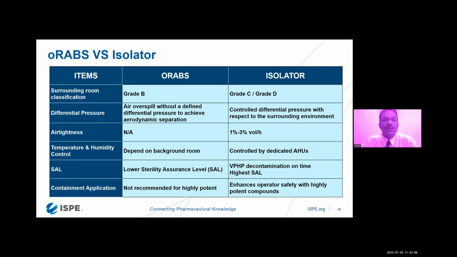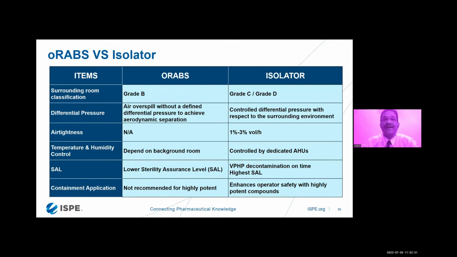So what is the difference between ORABS when we compare it against an isolator? What are the major differences? The first difference is that with ORABS, your surrounding or background area is grade B, because the ORABS system is open.